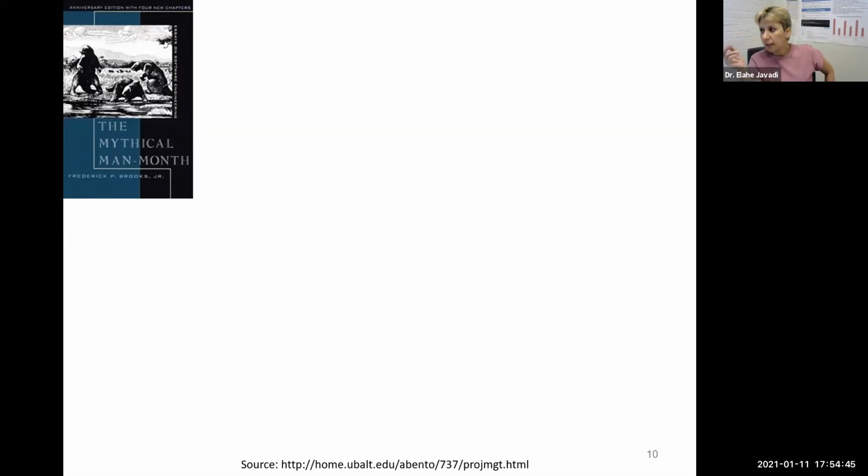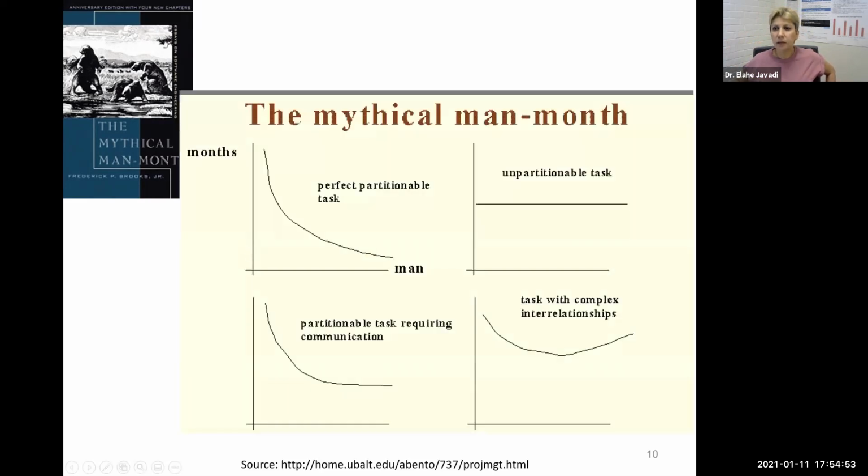And I want you to look at these charts from the Mythical Man-Month book. Take a look at them for a minute. One dimension is man, the number of people, and the other dimension is time. Let me read the first chart for you. The top left is saying that if a project consists of perfectly partitionable tasks, it means you can divide the big project into smaller pieces that are not very interrelated.